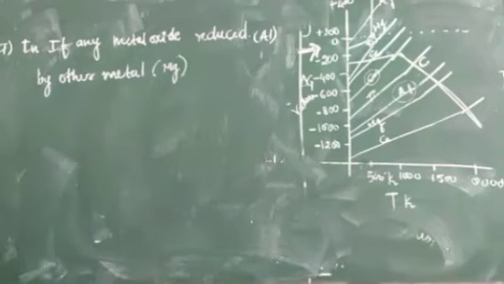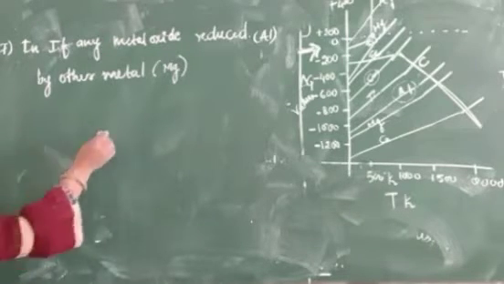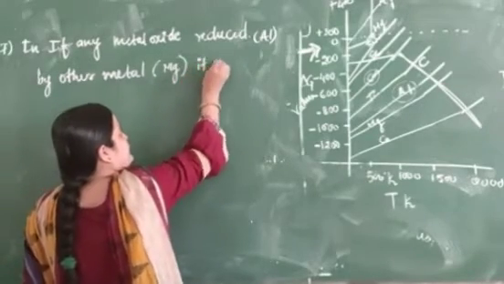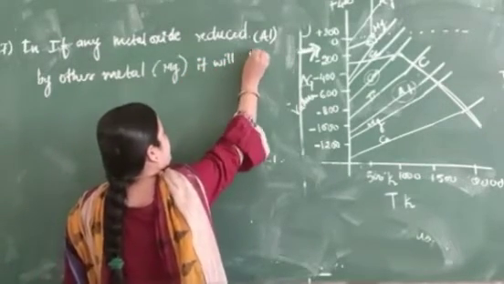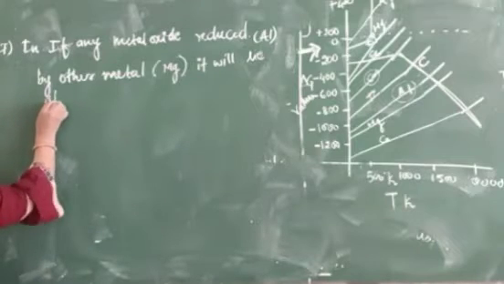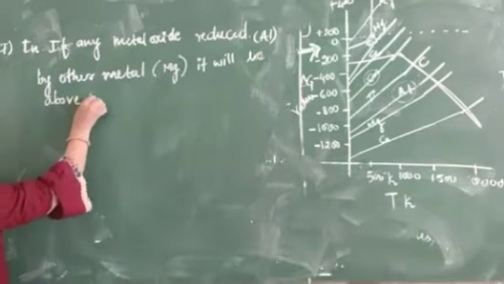In the equilibrium diagram, if any metal oxide is reduced by another metal, I will take Mg, that metal will lie in the lower part, and the oxide being reduced will lie above the first.